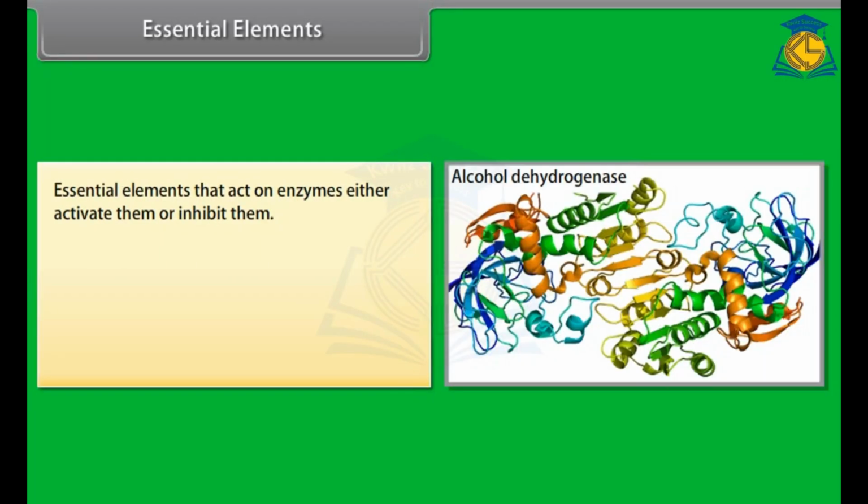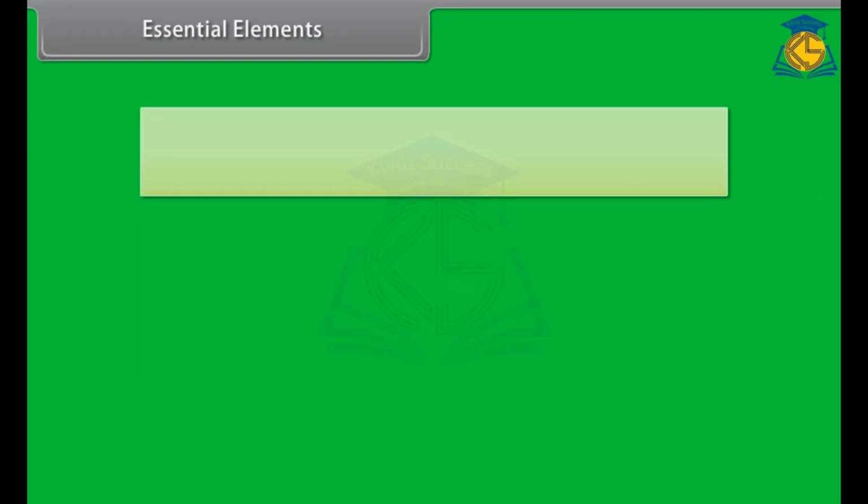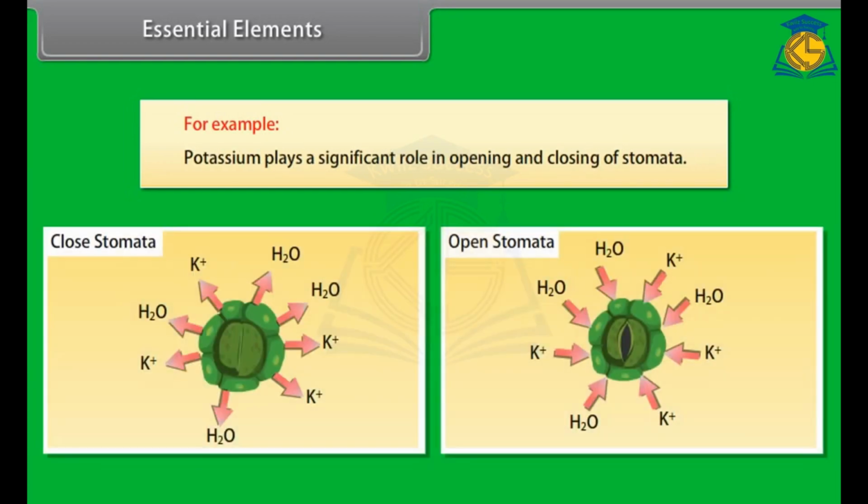Some essential elements act on enzymes, either activating or inhibiting them. For example, Zn2+ is an activator of alcohol dehydrogenase. Some essential elements change the osmotic potential of a cell. For example, potassium plays a significant role in opening and closing of stomata.